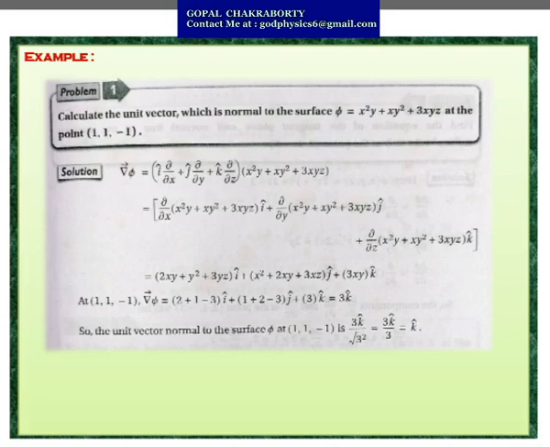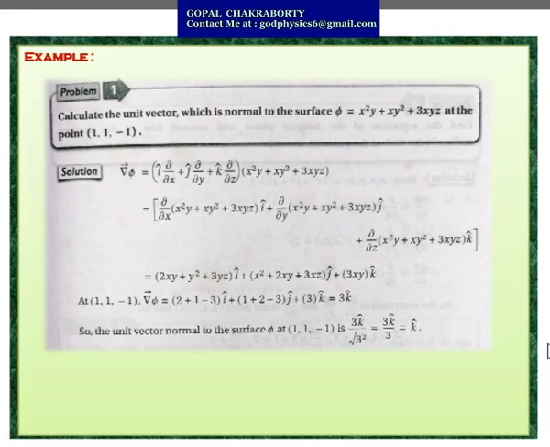Using the same formula, that gives you i del del x plus j del del y plus k del del z over x square y plus x y square plus 3xyz, and your result is here, which is a vector quantity.